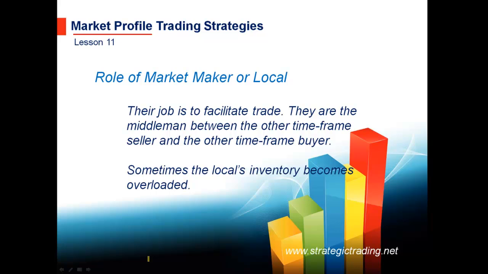The market maker or the local has the job of facilitating trade. They're really the go-between. They're the middlemen in the market. So whenever anyone wants to sell or buy, they're usually going through the broker, and then the broker goes through the market maker or the local.